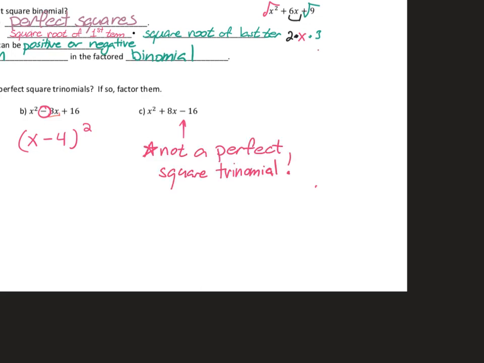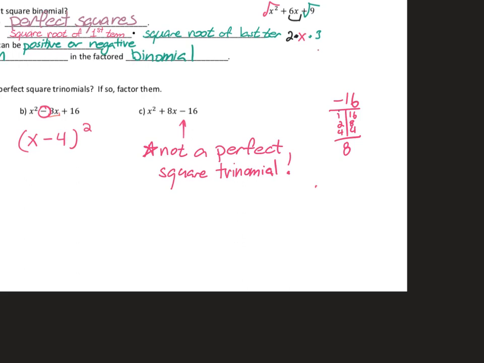Now, just because it's not a perfect square trinomial, maybe it could be factored anyway. If I wanted to go through that process, I'd want to look at negative 16 and 8. What are the factors of negative 16? Well, we have 1 and 16. We have 2 and 8. We have 4 and 4. I think that's it. And none of those, right?